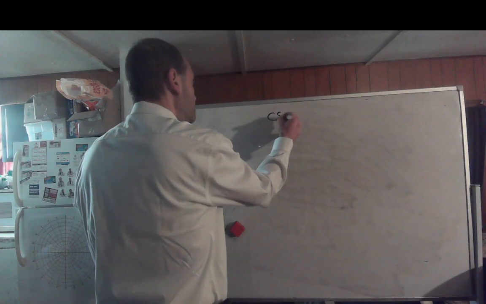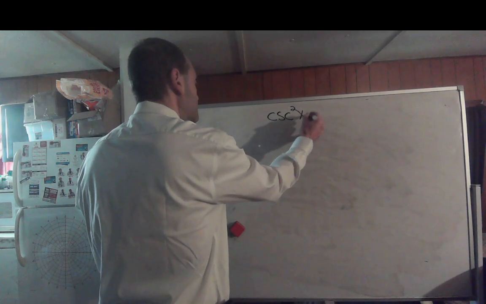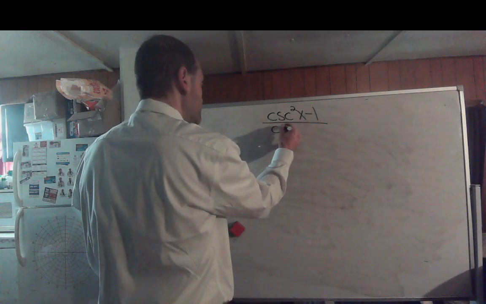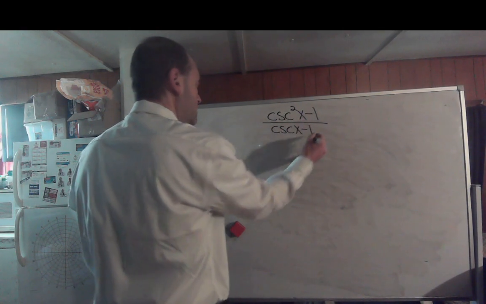All right, let's see. We have the cosecant squared of x minus 1 all over the cosecant of x minus 1.